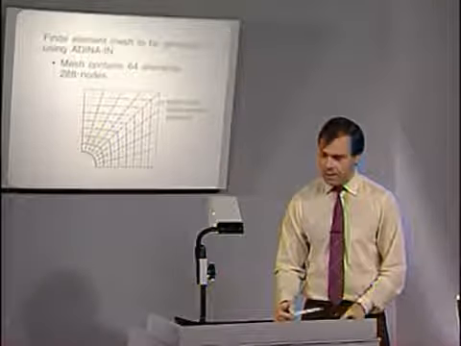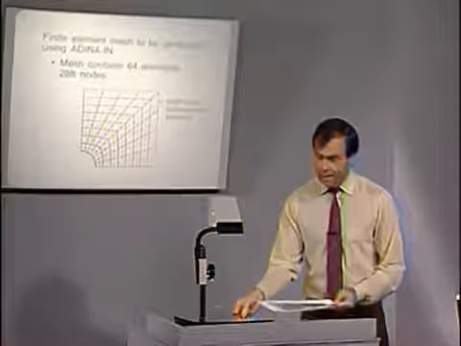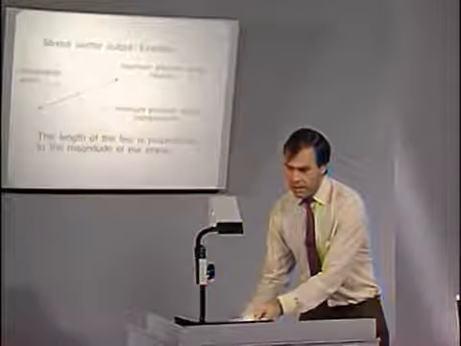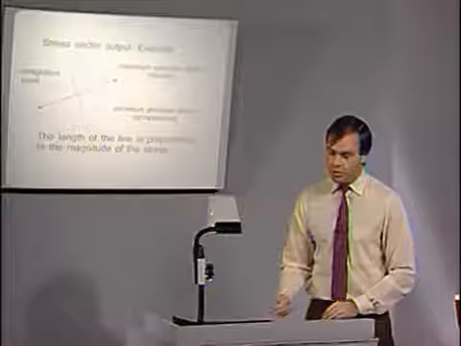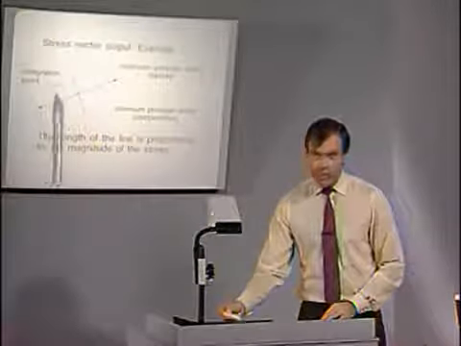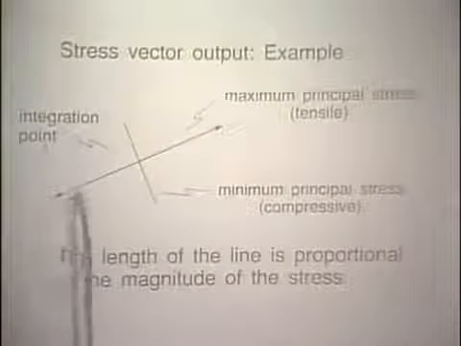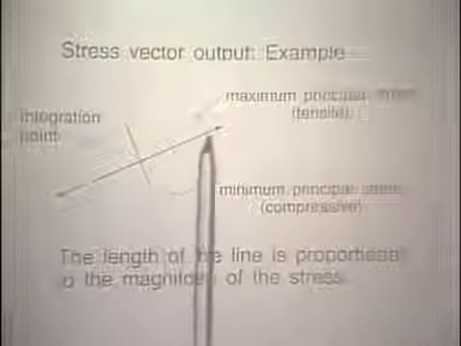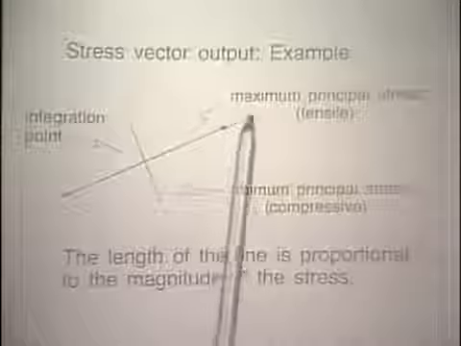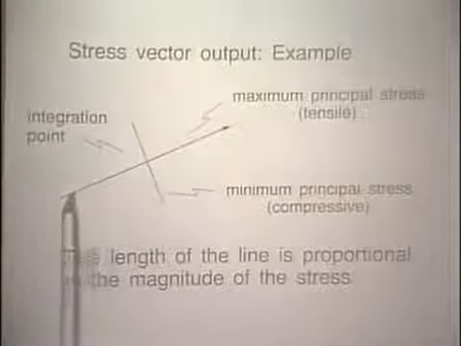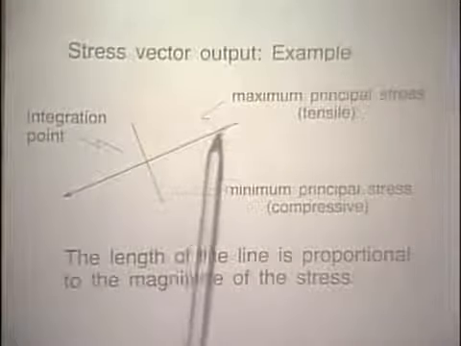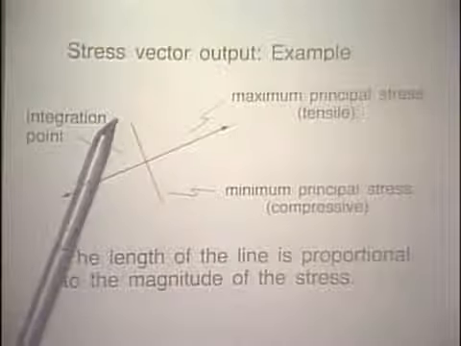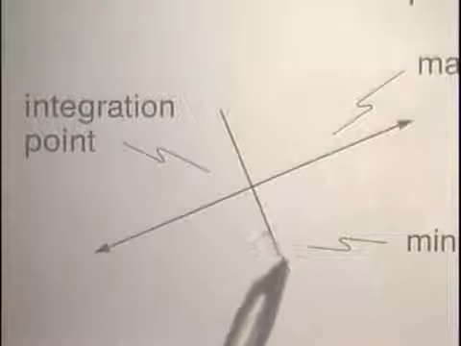the stresses. We do so by using an option in the ADINA system for stress vector outputs, and this is schematically shown here, this option. We plot maximum principal stresses, say tensile in this case here, as a line with 2 arrows, and principal stress that's compressive as simply a line.